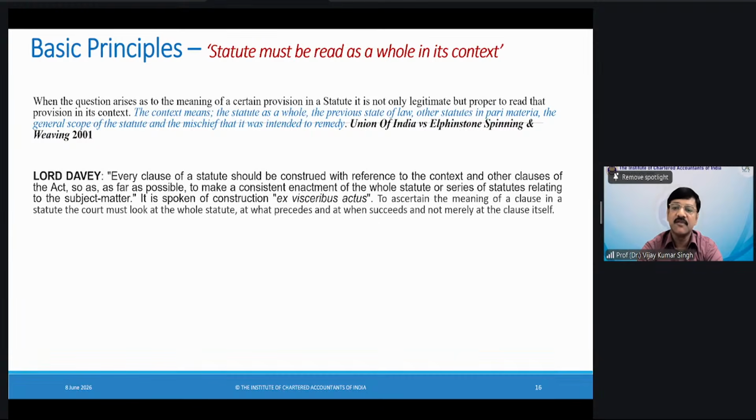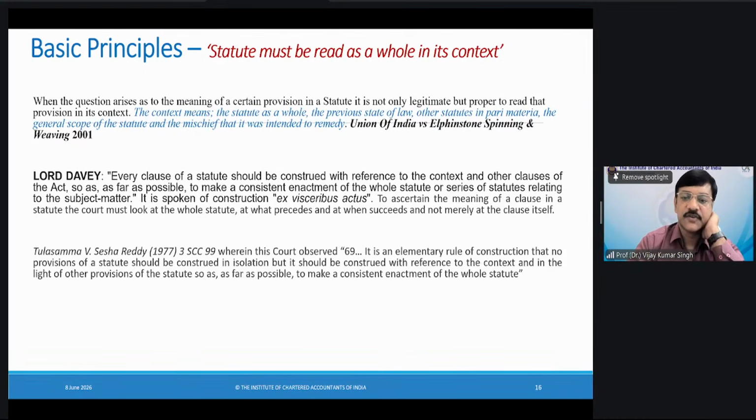To ascertain the meaning of a clause in a statute, the court must look at the whole statute, at what precedes and what succeeds, and not merely the clause itself. So you look at everything. You look at the definition clause, the provision, the repeal clause, the whole statute, to make sense of the legislation.